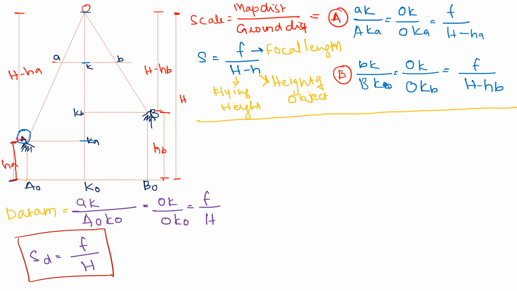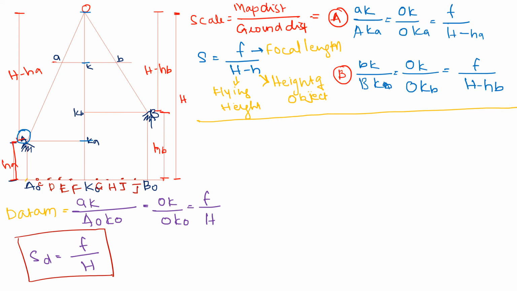Now imagine if you have points like instead of only A and B, I have a point like C, D, E here, then F, G, H, I, J, something like that. I have too many points over here.